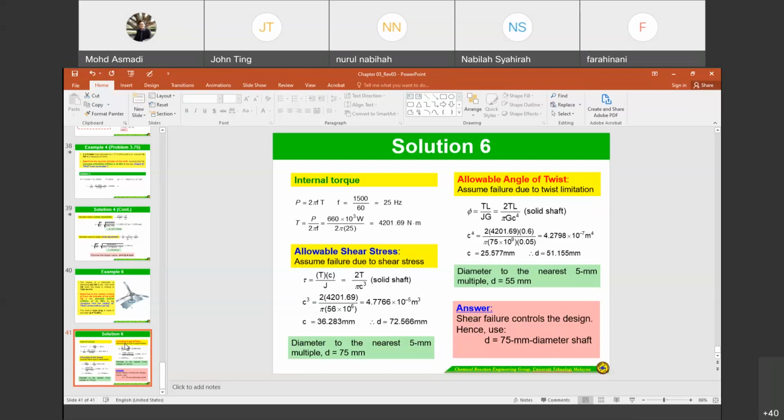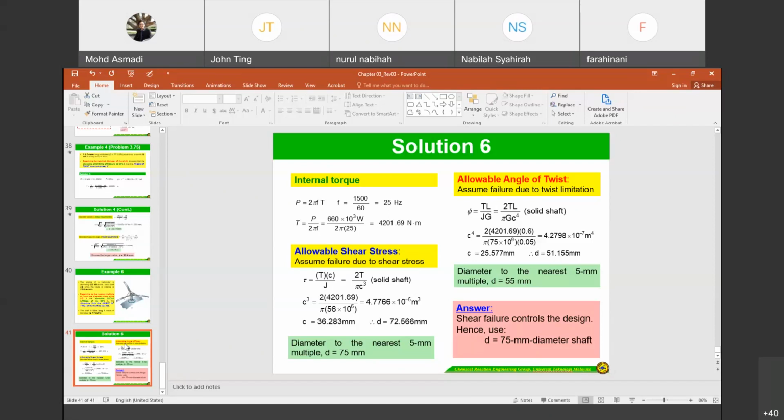I will prepare the question actually. You can solve it by using method of section or method of joint. I think also shear stress. Mostly it's method of section.